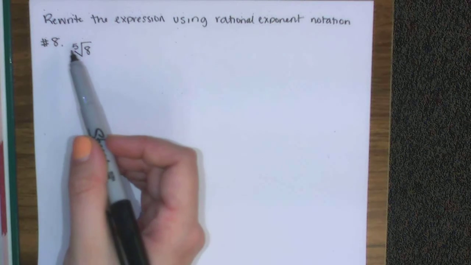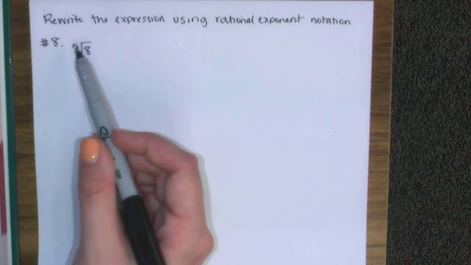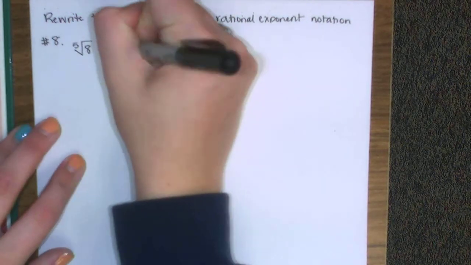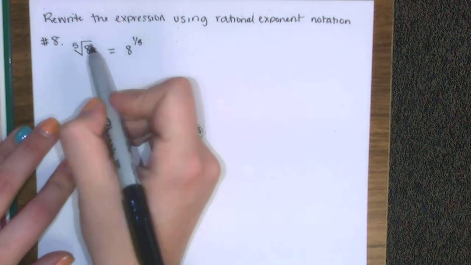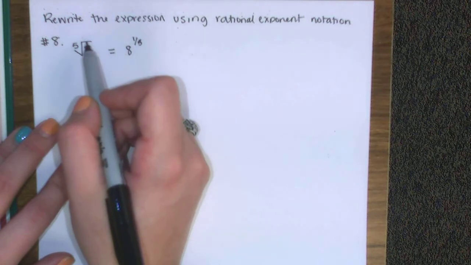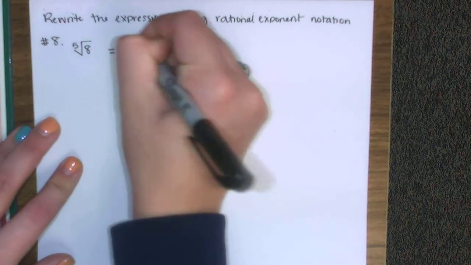Whatever's inside is being raised to a fraction, is essentially all we're doing. So the answer to this problem would be 8 to the 1/5, because technically we're raising this to the 1 and then taking the 5th root of it. So that's why it is 8 to the 1/5.